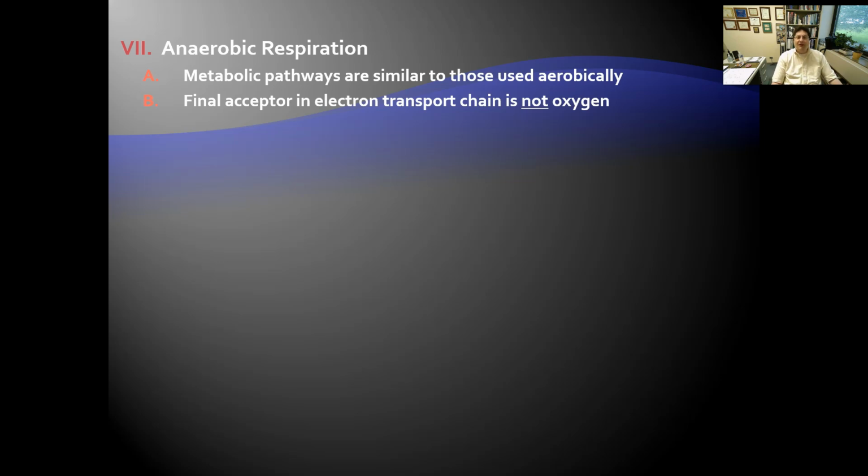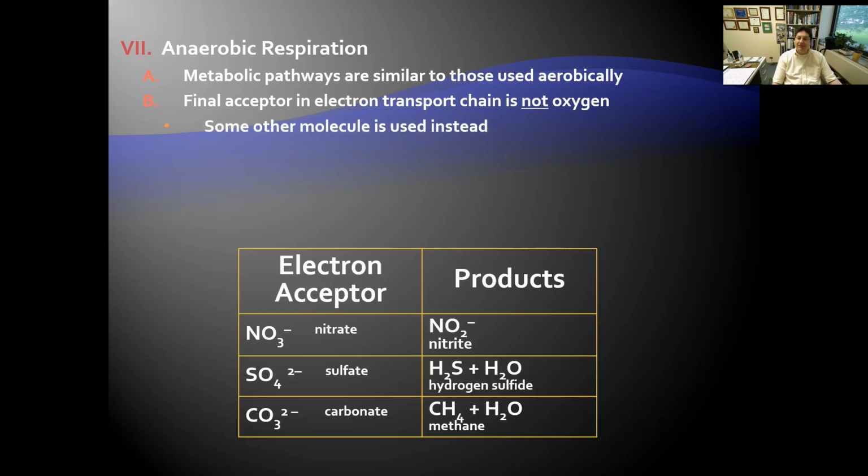In anaerobic respiration, it's some other molecule, examples including nitrate, sulfate, and carbonate, and you get these other products, not just water like in aerobic cellular respiration.